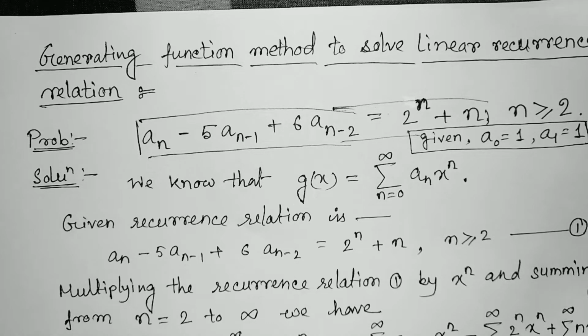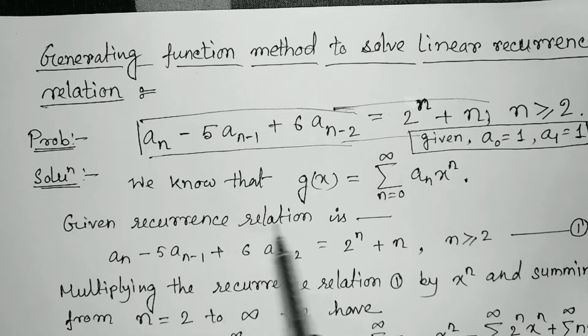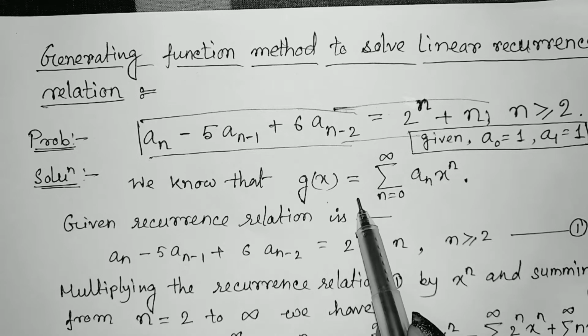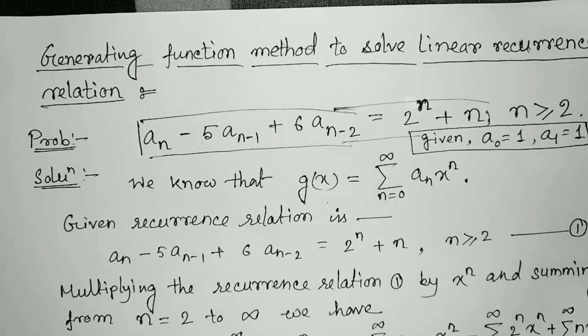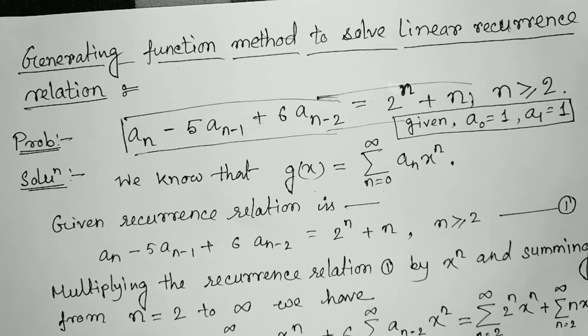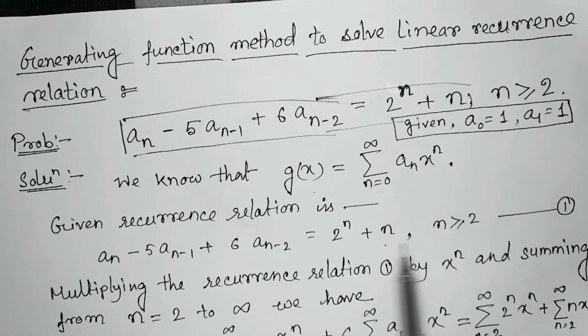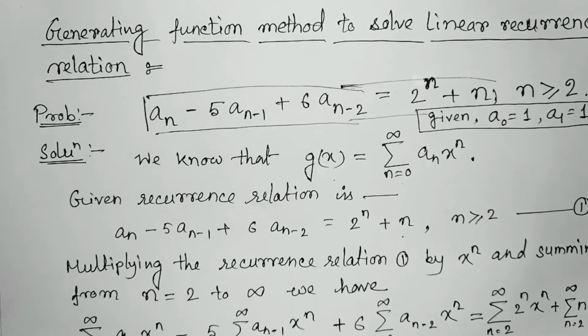So if you want to solve it, then initially we know that g(x) is equal to the summation of n equals 0 to infinity a_n x to the power n. Now the given recurrence relation is this one, which we can mark as number 1.